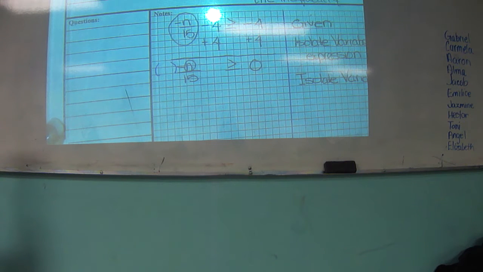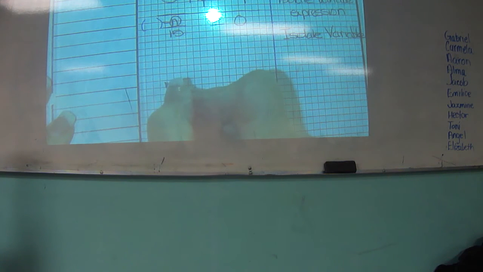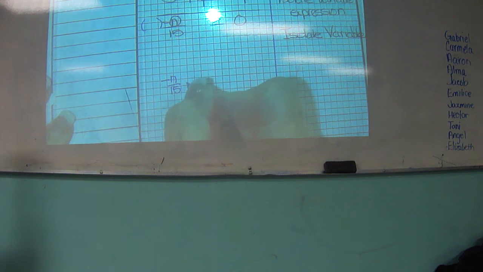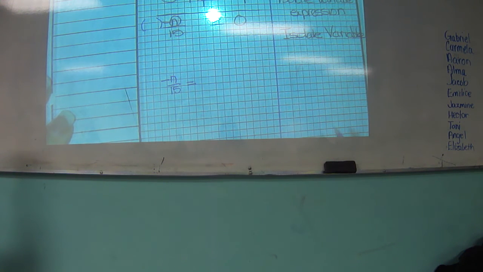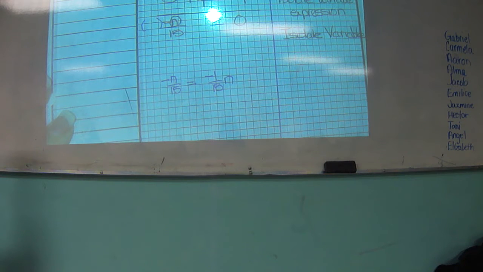Negative n over 15 is actually the same as negative 1/15 times n. So what's the multiplicative inverse of negative 1/15?